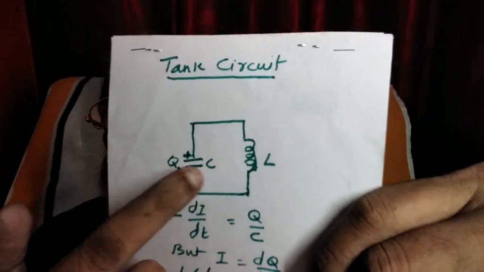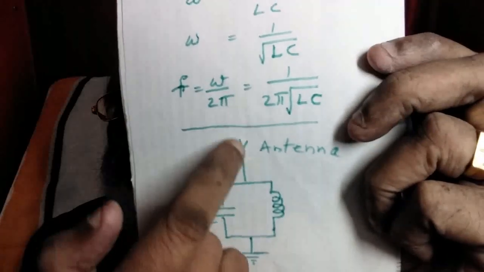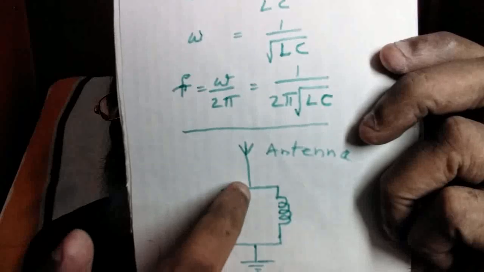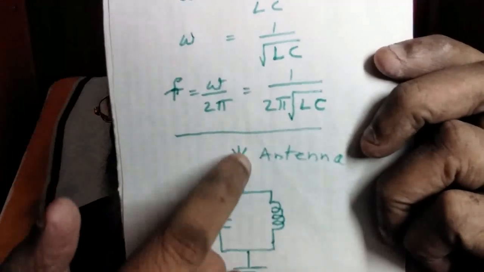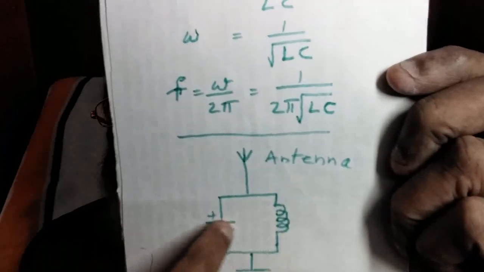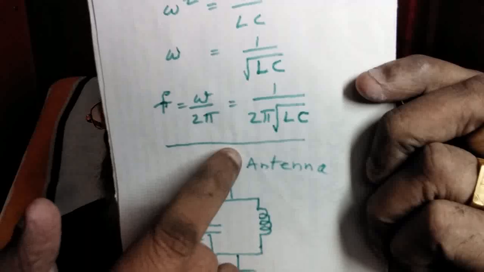To make the circuit efficient, a free conductor will be connected here. The upper end of the conductor is free, the lower end is connected to this point. This is called an antenna. So the electromagnetic waves generated here will be picked up by this antenna and radiated into space.